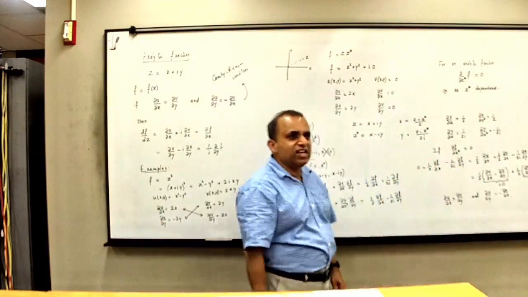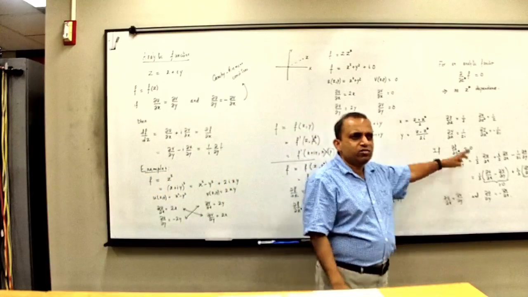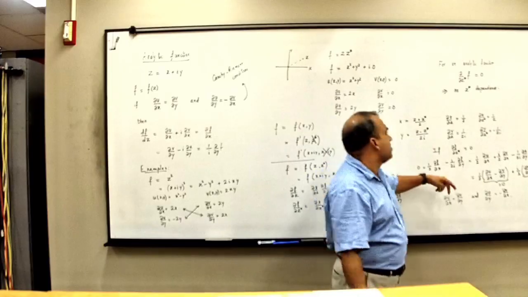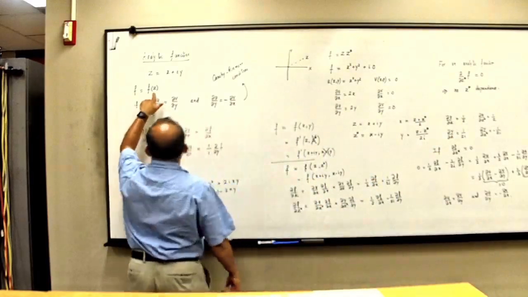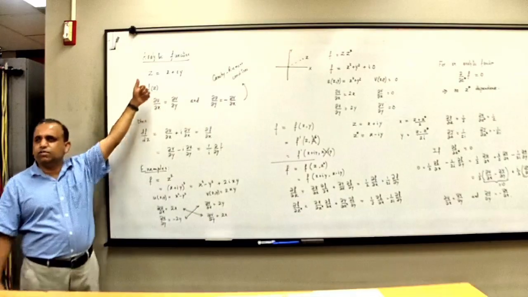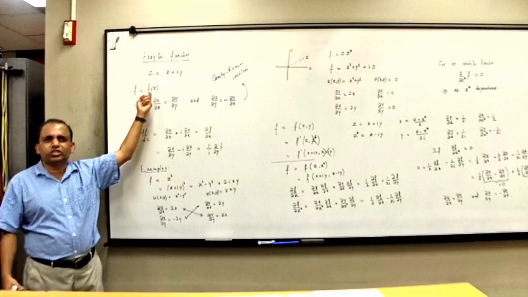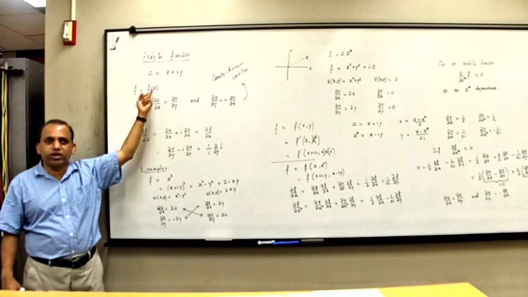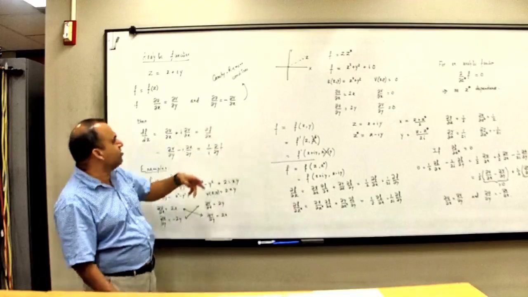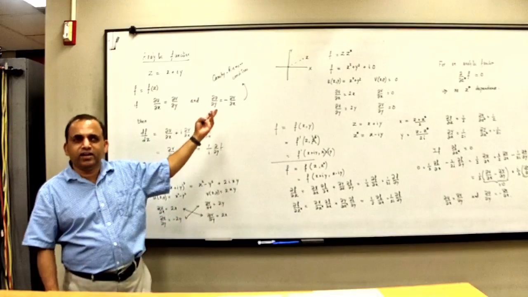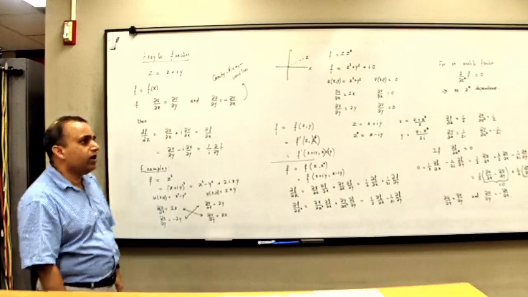It has only z in it. That's the key thing. I proved it for you, but those are the details. It is quite straightforward to remember that f of z, and that's why we always write f of z, right? You should have asked right in the beginning that this is a complex function, it should have two variables. Why is it having only one variable? That's because eventually it turns out that if you want to define a derivative, you cannot have z star in it, and that's why you do that.